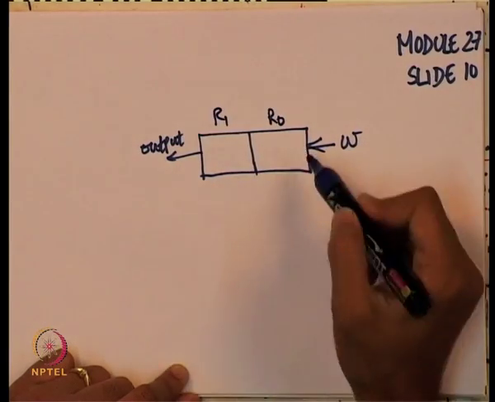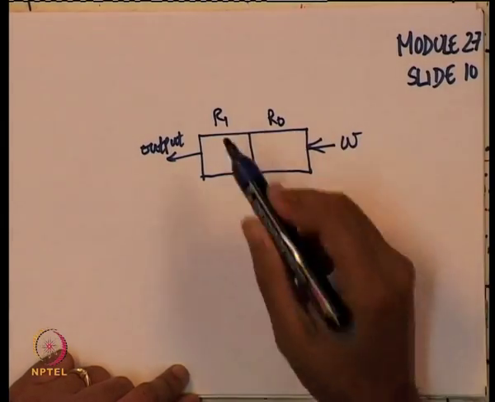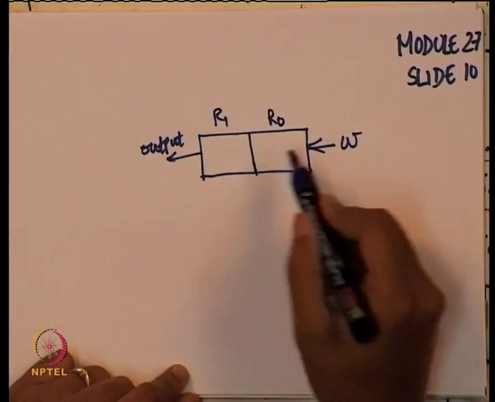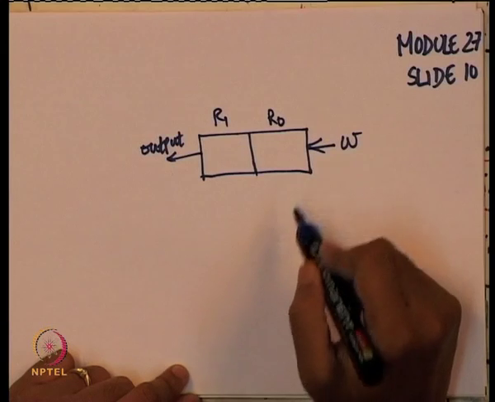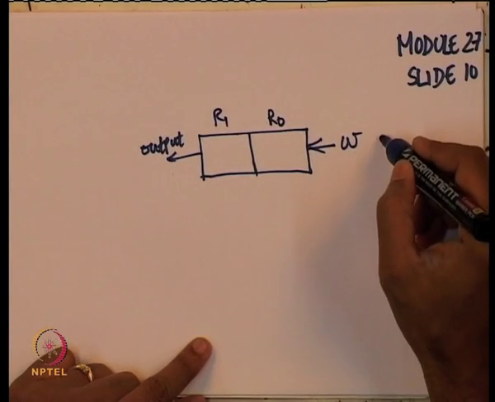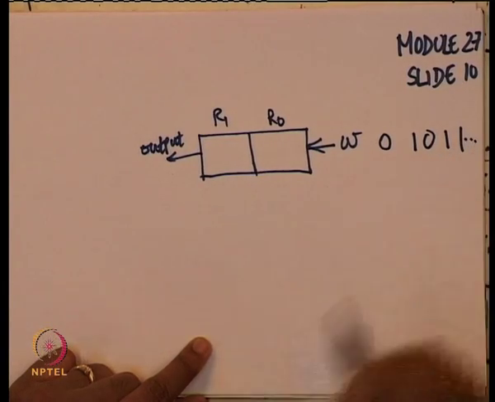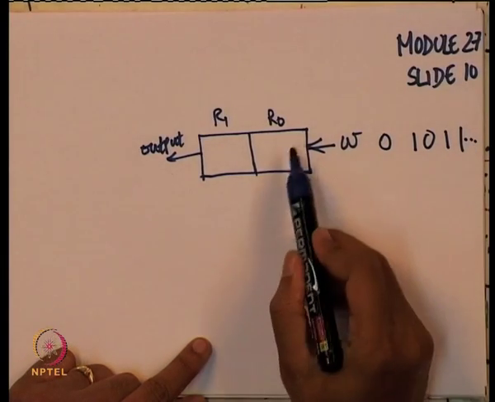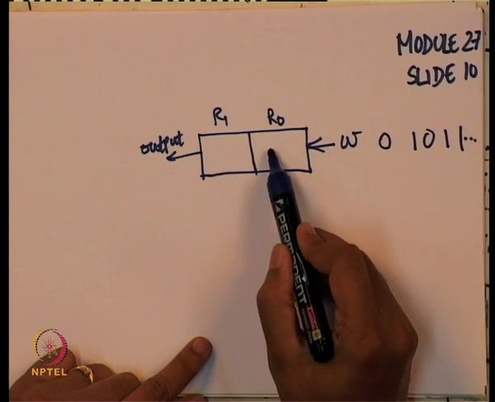If I put it into a 2-bit shift register, in this case a left shift register, this will go as R0 and R1. If I keep giving inputs to it, the sequence I gave was 0, 1, 0, 1, 1 and so on. Initially 0 will get here, then 0 will move here and 1 will come here.